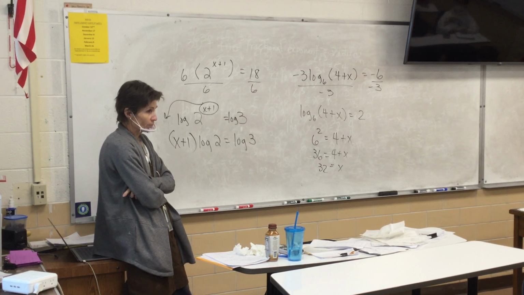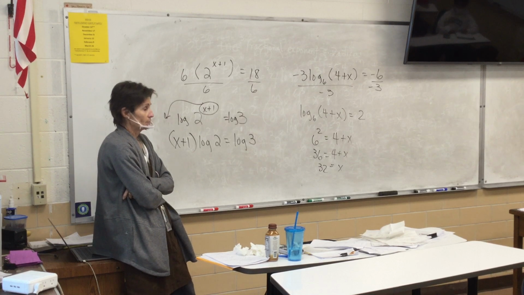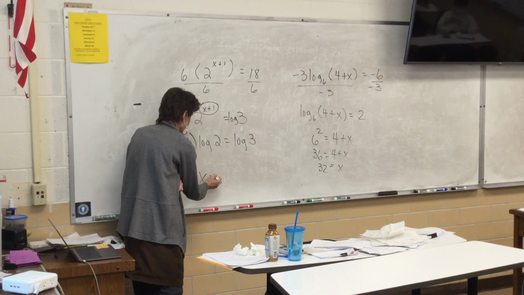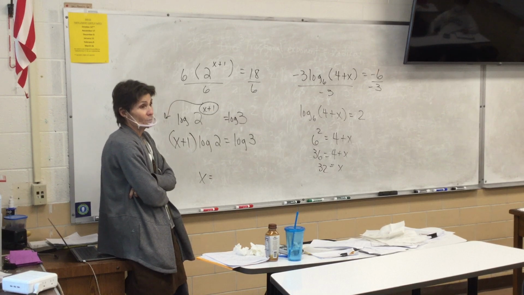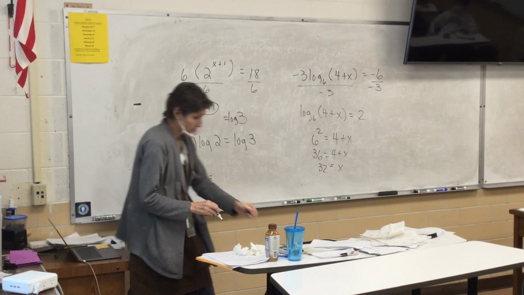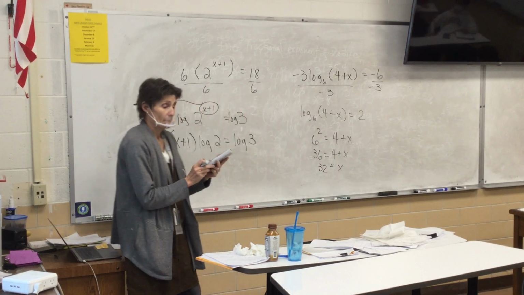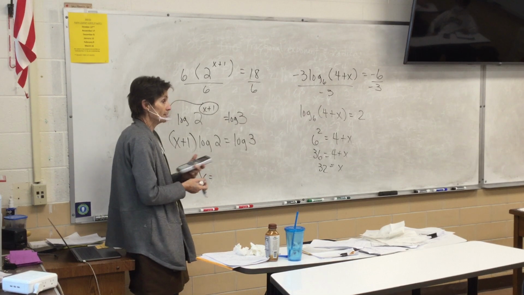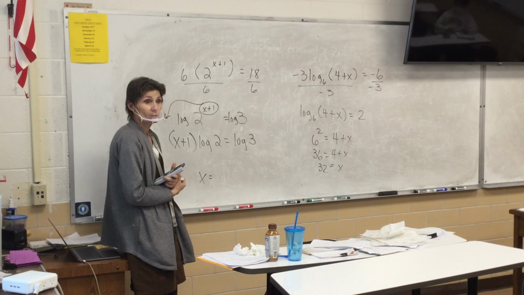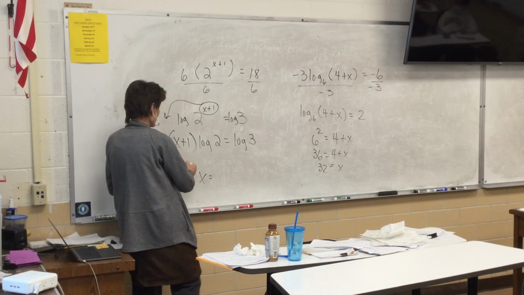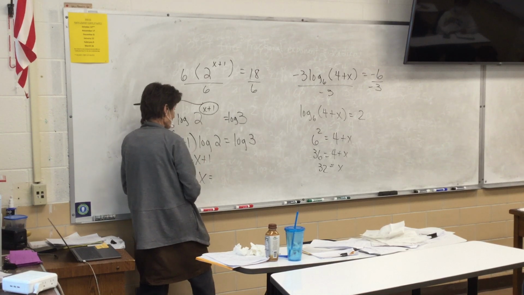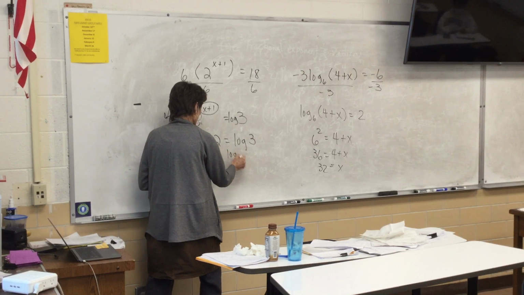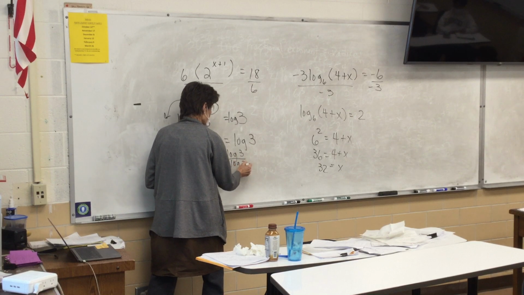Now remember, you're solving for x. Ultimately, we want to say x equals. So what might we do? We have the options here. What are you comfortable doing? Dividing by the log of 2. So if you divided by the log of 2, you'd have x plus 1 equals log 3 over log 2.